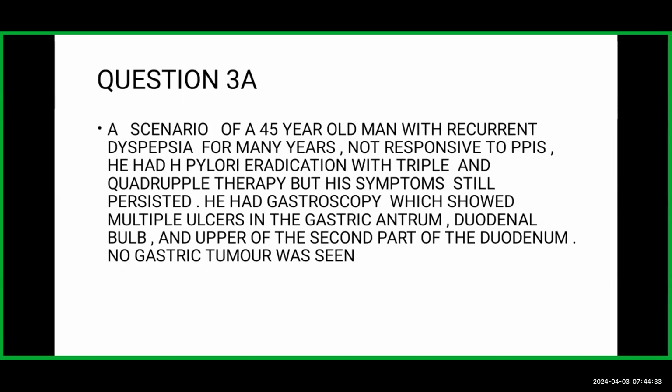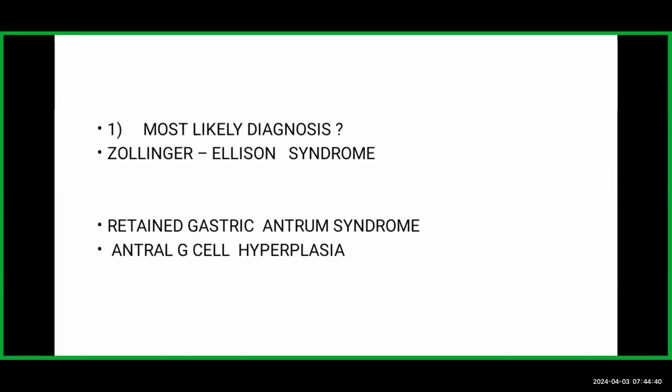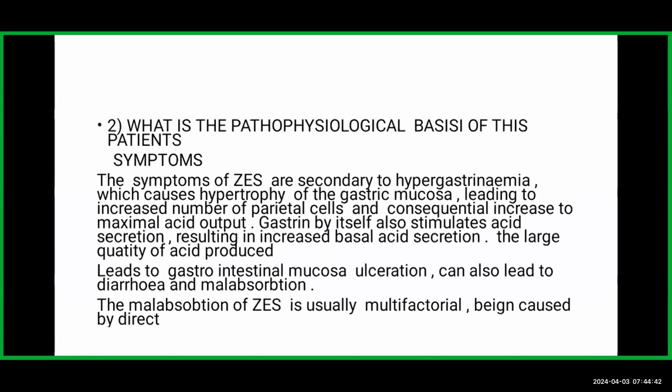So the pathophysiological basis that they actually wanted to hear was hypergastrinemia, leading to gastric hypertrophy, parietal cell hyperplasia, and then hyperacidity. In fact, the two keywords are hypergastrinemia and hyperacidity. If you mention them, they will mark it.